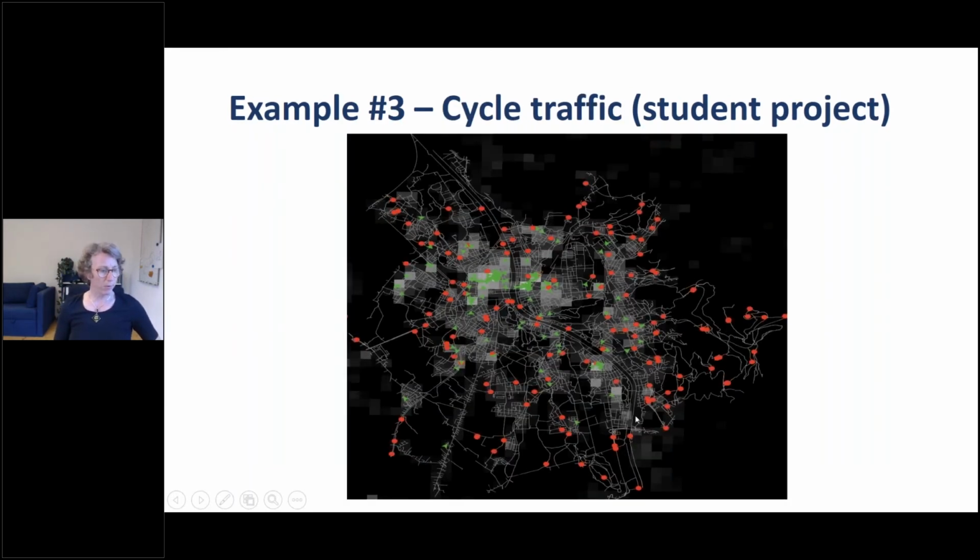Example number 3, also very interesting, and I just run through these projects to show you different application domains. This is the city of Salzburg, and if I start the simulation, the green arrows that you can see here are bicyclists that are going from home to work, and afterwards they go back again.